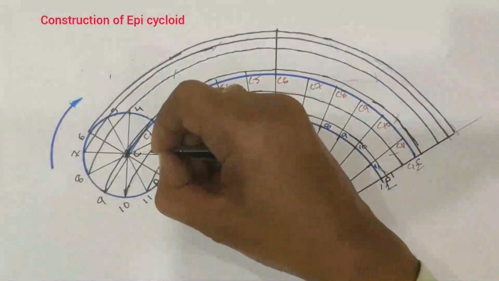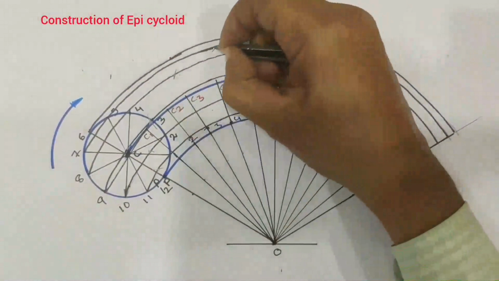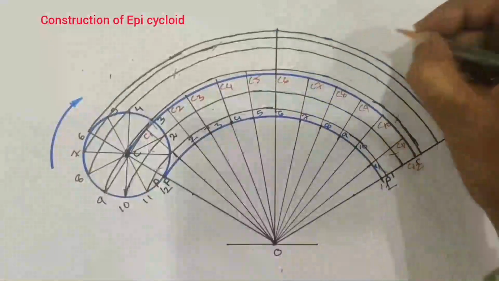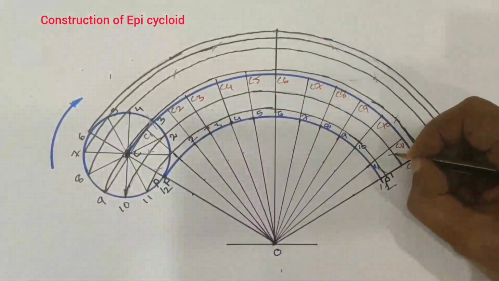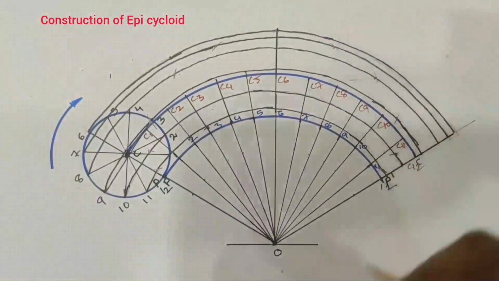Say P1, P2, P3, P4, P5, P6, P7, P8, P9, P10, P11, P12.